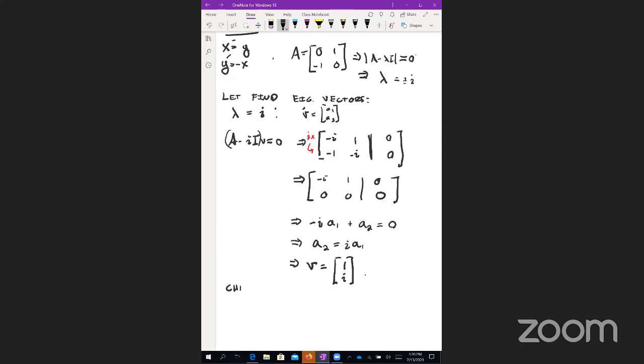Just see first example. So what is A times V equal to? Good. Okay. Everything is working out.